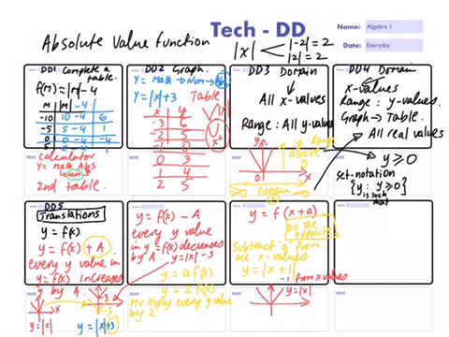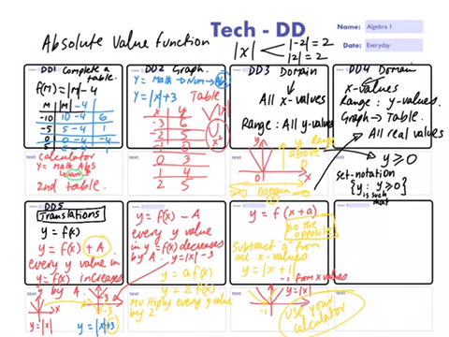Now when we are drawing mod of x plus 1, we'll move everything in the negative direction. So same shape, but it's going to go like this. Okay, so this will be your new graph, and you can use your calculator to your advantage, right? So that guy will help you every time.